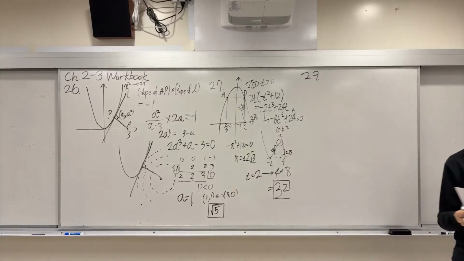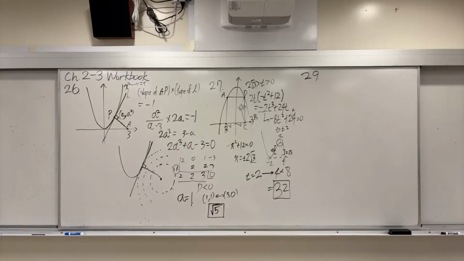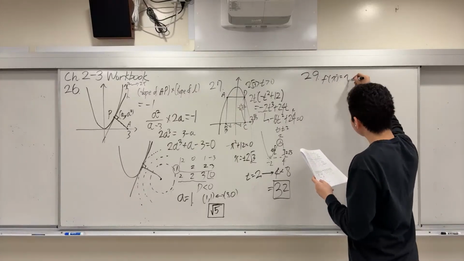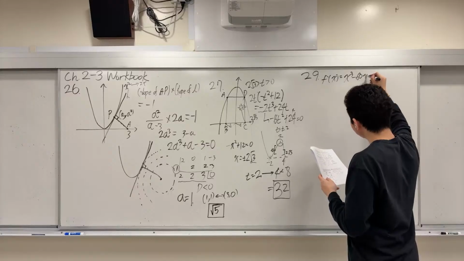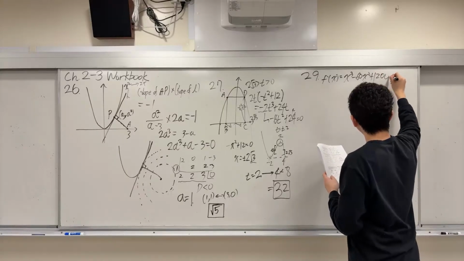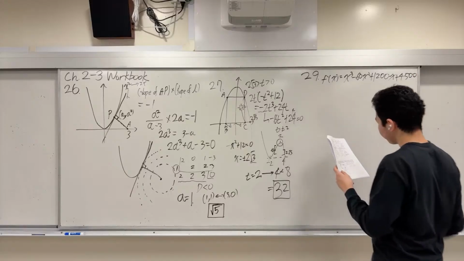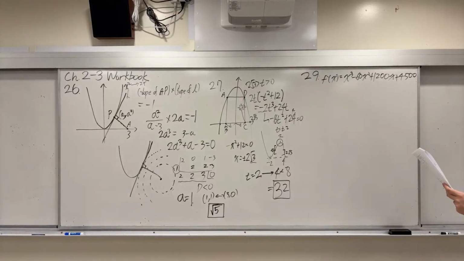The cost to produce x kilograms of product P in 1 day, measured in dollars, is modeled by the function f of x equals x cubed minus 60x squared plus 1200x plus 4500. If 1 kilogram of this product is sold at $1,200, how much of product P should be produced in 1 day to maximize profits?